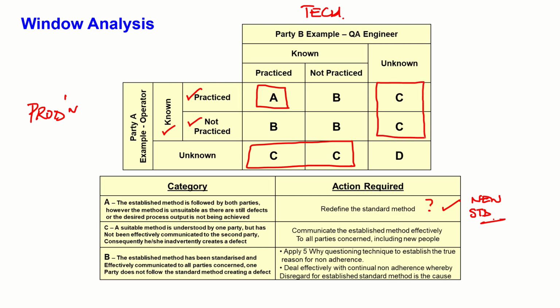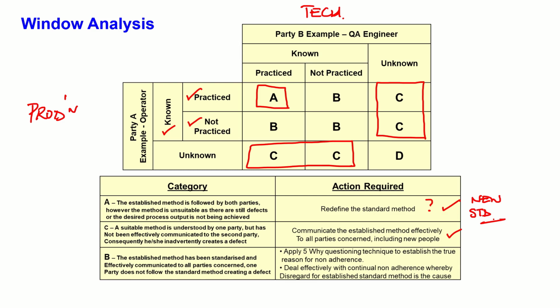For whatever reason, the standard is unknown at the point of activity. Communicate it out. Now, if you look at some of Tom's questions about is it easy to apply and is it communicated and things like that, he's trying to make sure that you never go through the C window with some of the questions. Yeah, so again, this is a technique after you've had problems. Tom's technique is trying to make sure that you don't get the problems in the first place.